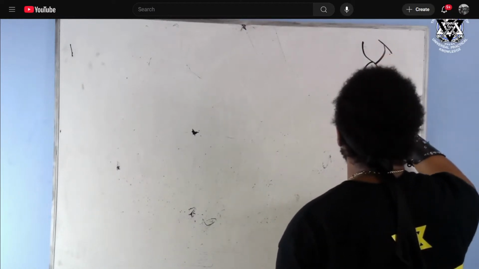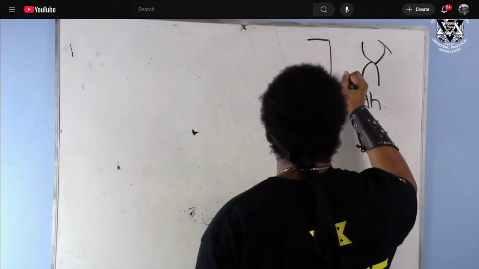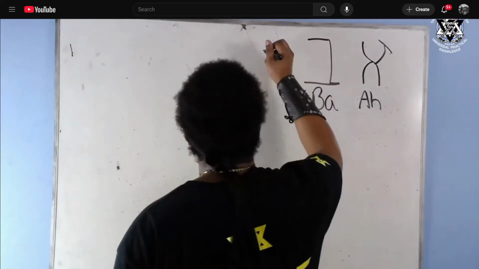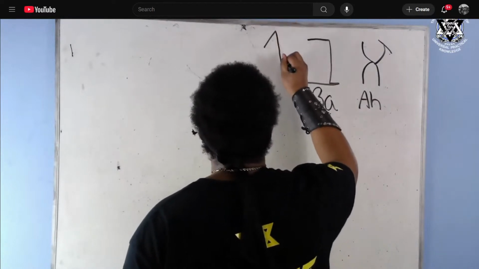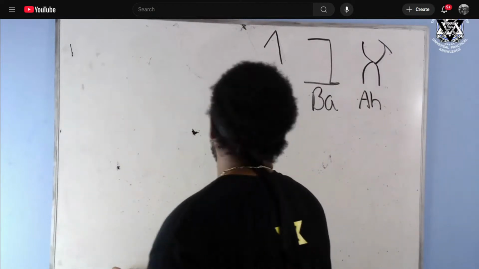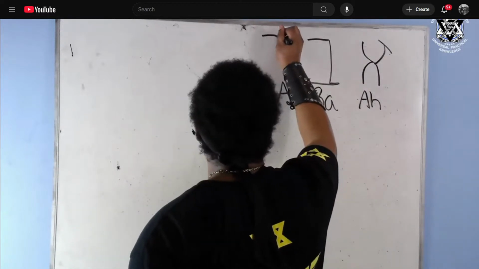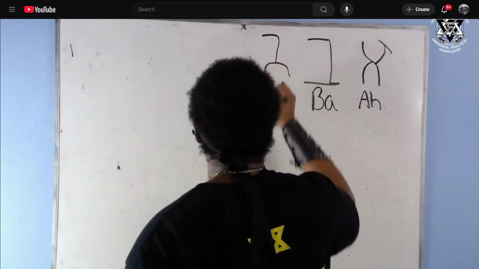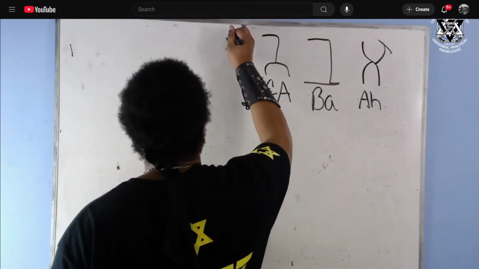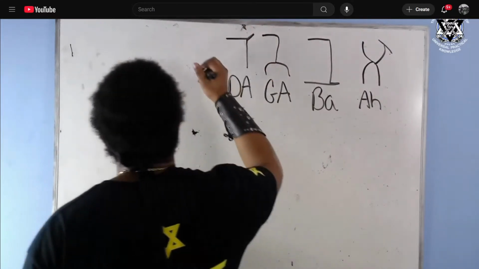Let's get those down. So we got Ba, Da. Oh, sorry, I wrote the ancient level. This is the Assyrian. Da. Ha.